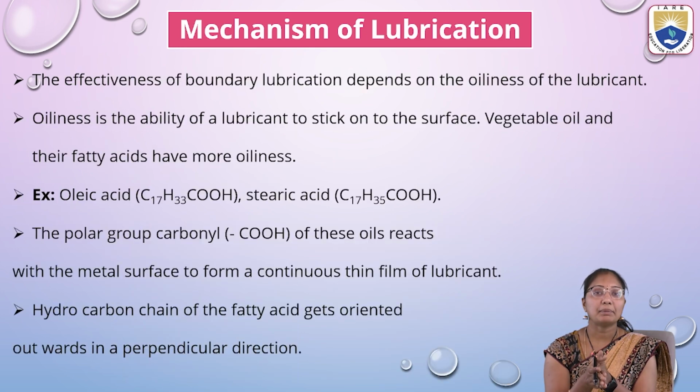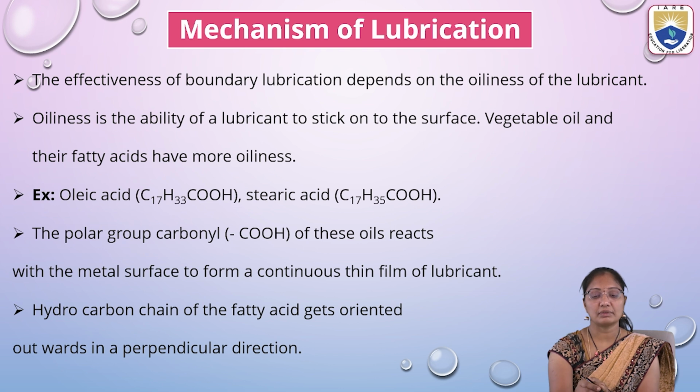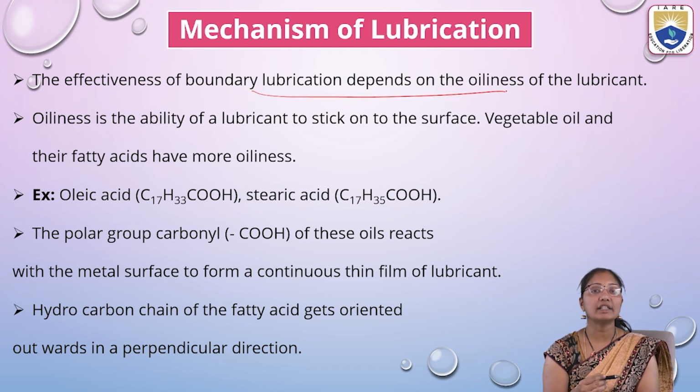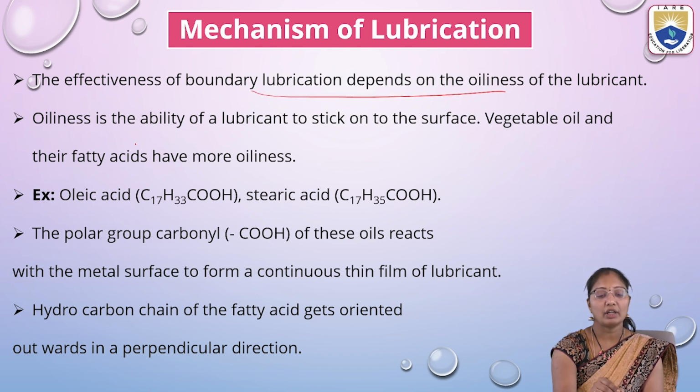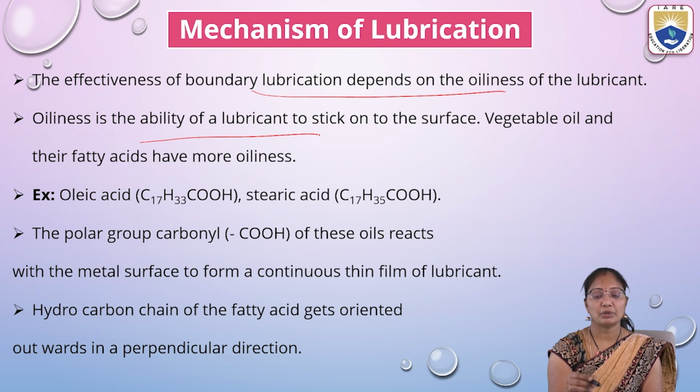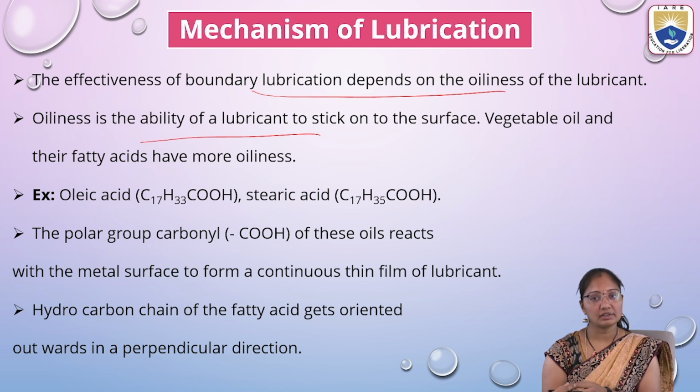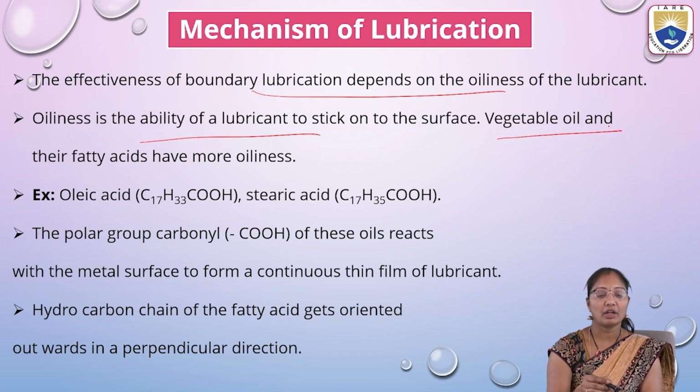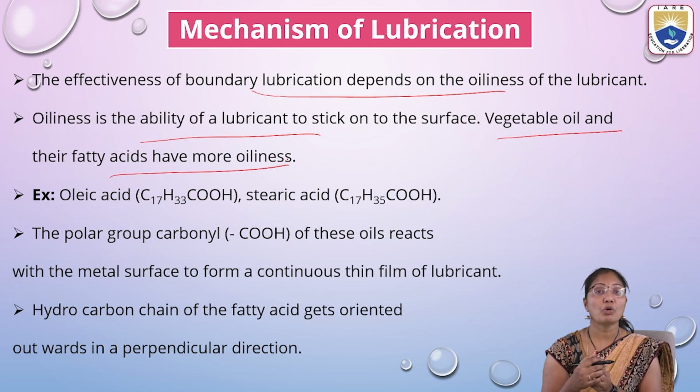Coming to this, the effectiveness of the boundary lubricant depends on the oiliness of the lubricant. Oiliness is the ability of a lubricant to stick onto the metal surface. For example, vegetable oil and fatty acids have more oiliness. They stick easily onto the metal surfaces because of the high oiliness of these lubricants.